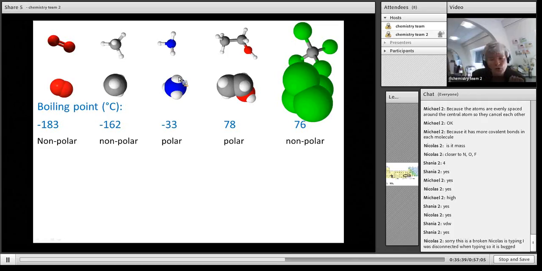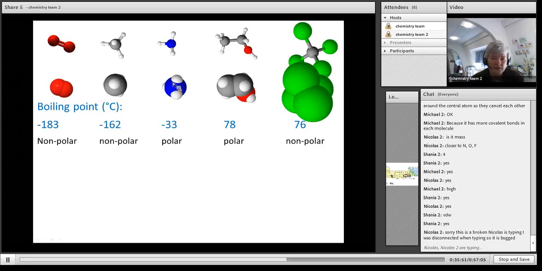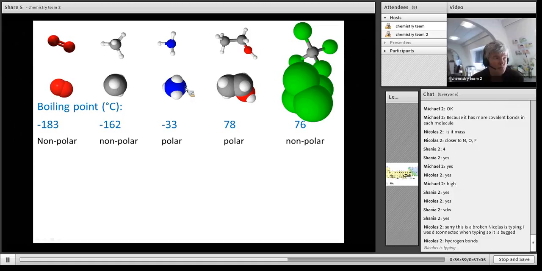So why is ammonia so much higher than oxygen? Does anybody want to have a go? Okay, remember we said the ability to form hydrogen bonds is when hydrogen is bonded to an electronegative oxygen, nitrogen or fluorine.